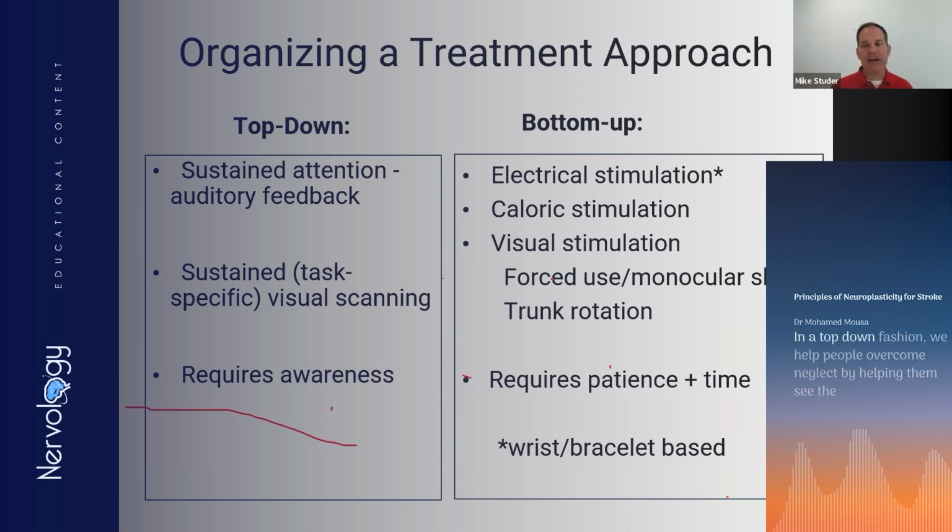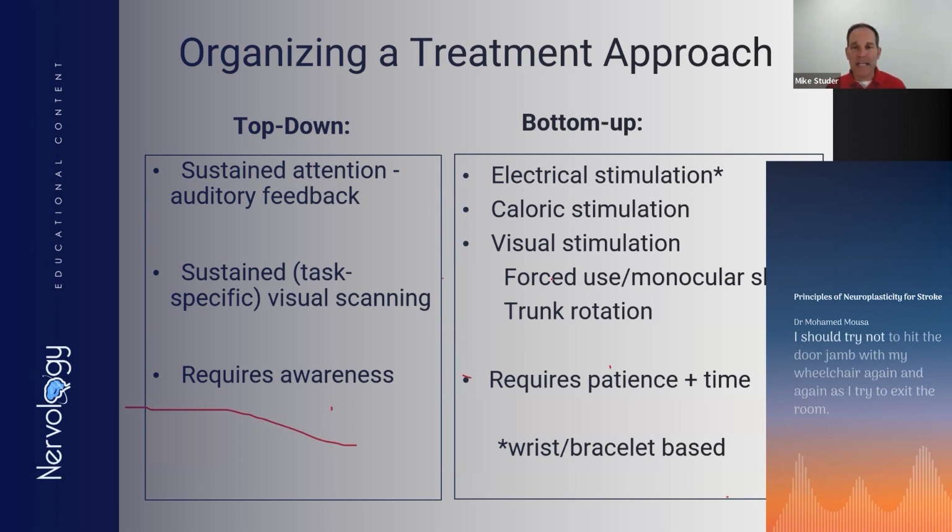In a top-down fashion, we help people overcome neglect by helping them see the consequences of their problems, and they can learn that they've committed the same problem previously, and they can learn from a top-down, oh, I remember I've done that in the past.